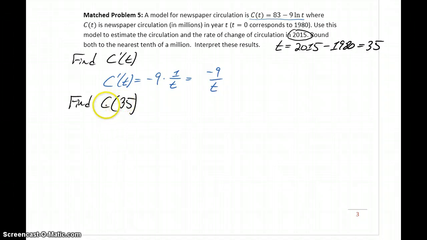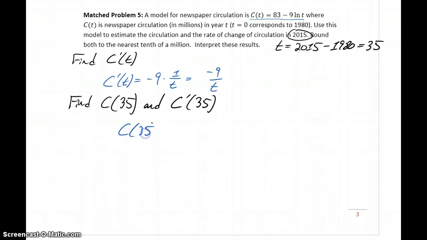So we want to find the circulation function evaluated at t equals 35, so 35 years after 1980. And we want to evaluate the rate of change of that circulation function for the same year.